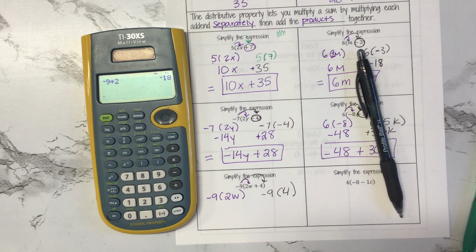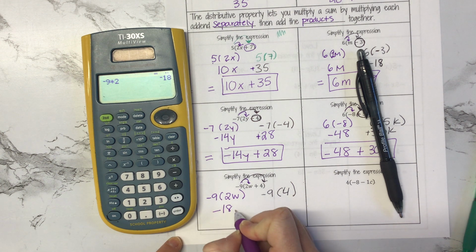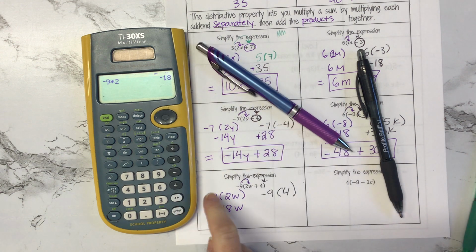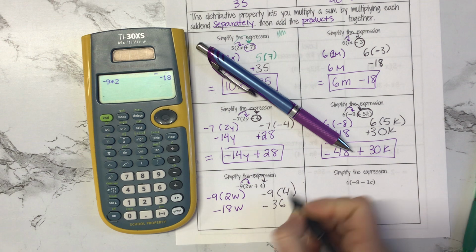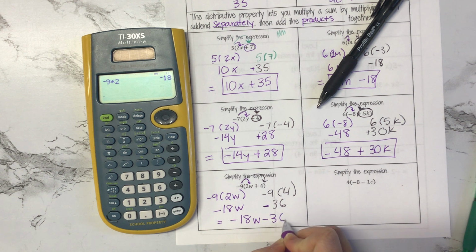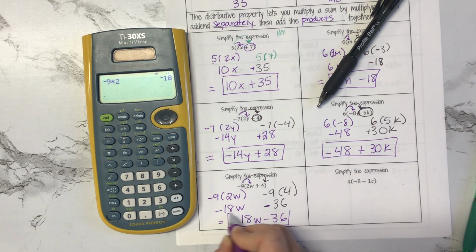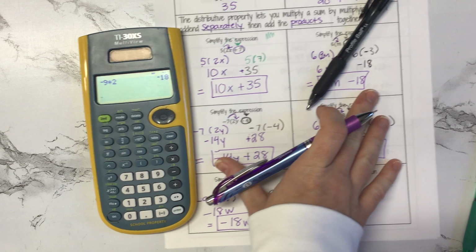So I'm just using it for the number portion, and I know that the w still needs to go with it. So this is negative 18w. The negative 9 times 4 is negative 36. So that negative is going to become a subtraction. Negative 18w minus 36.